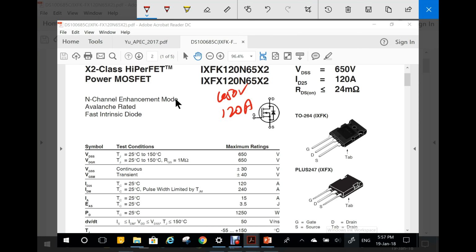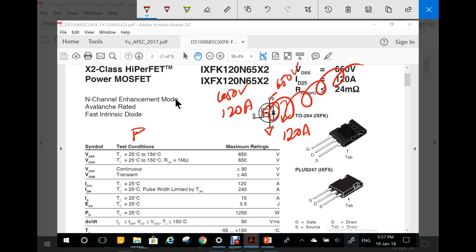Now, you would have thought that you can connect this device, have here 650 volts, and pass 120 amp. Well, if you do that, what you're going to see is smoke coming out. The reason is that these are not to be imposed together. Each one of them by itself is okay, and the combination of them is causing heat dissipation, okay?